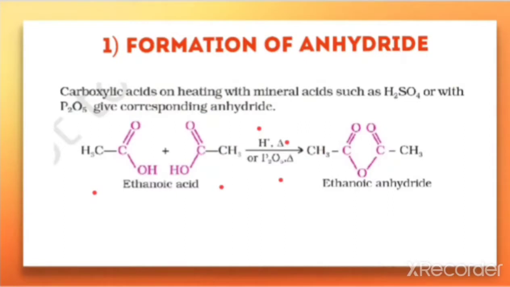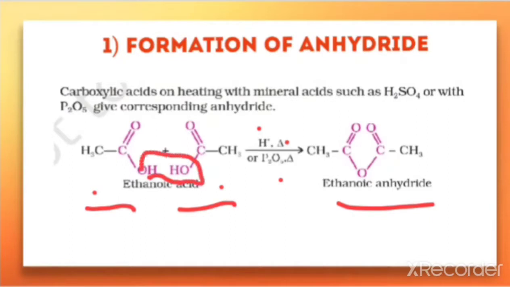So what does it give rise to? It gives rise to an anhydride that is called ethanoic anhydride. Now I will tell you how to make this product. You have to write the ethanoic acid in this way, as it is written here, and just remove one water, that is, the H from here and the OH from here. Remove water from here. So what is remaining?